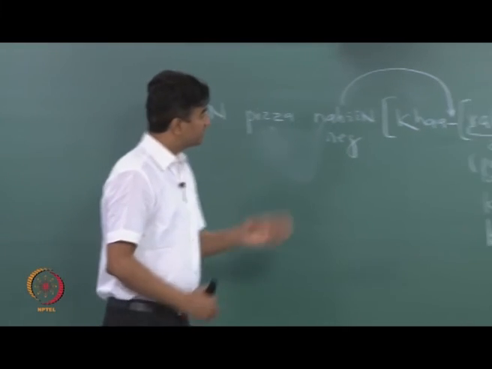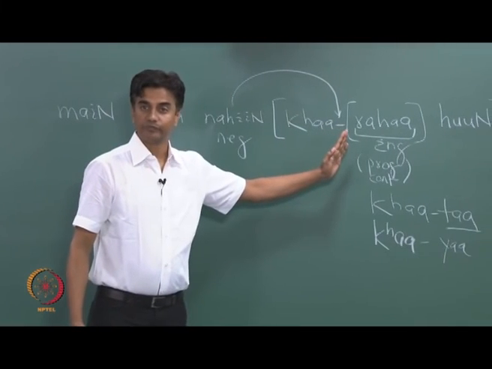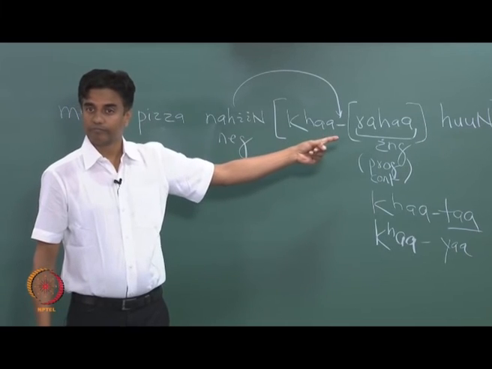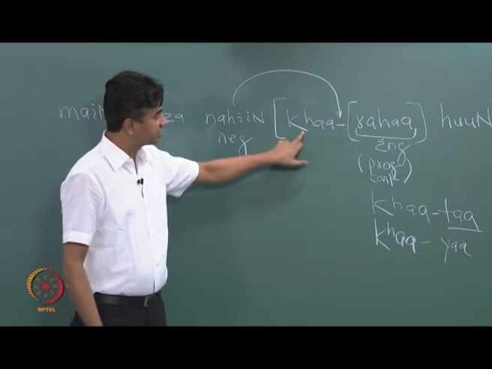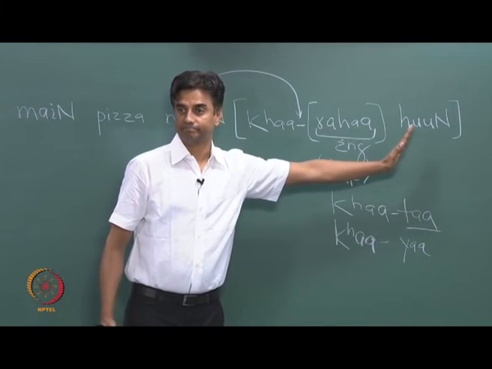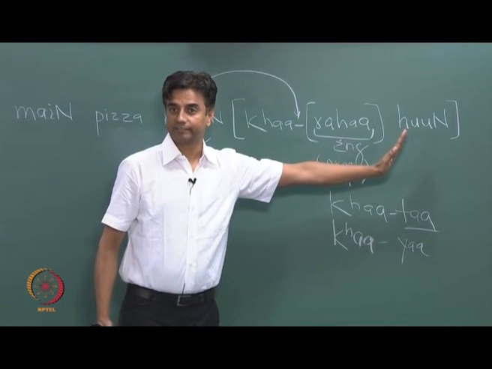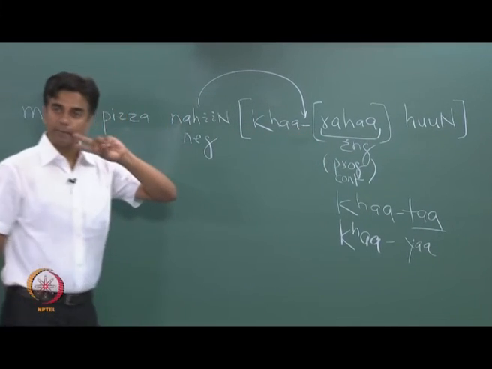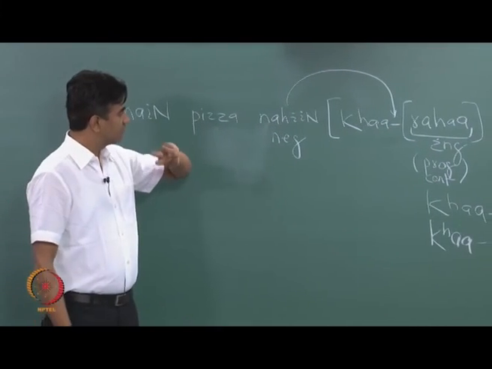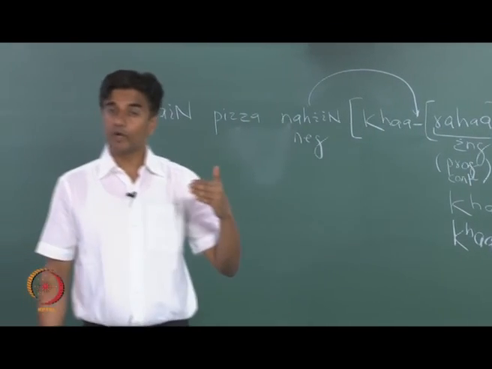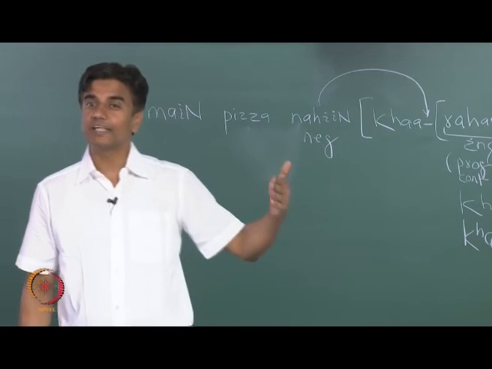When we say मैं pizza खा नहीं रहा हूँ, it can negate the whole verb, and it can also negate just this part, not the rest of it. See this thing? Now, what's the ambiguity there? When someone says मैं pizza खा नहीं रहा हूँ, the action instead of being I am not eating, I might be doing something else with it.